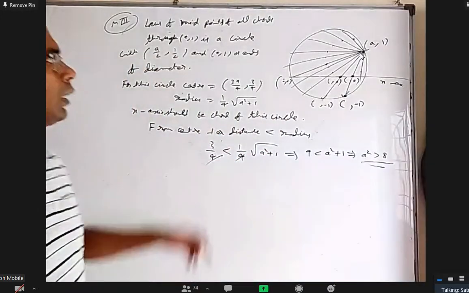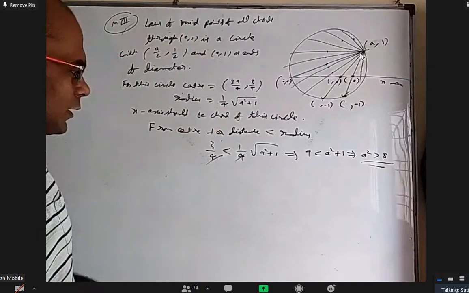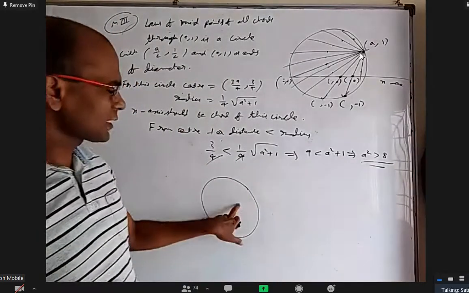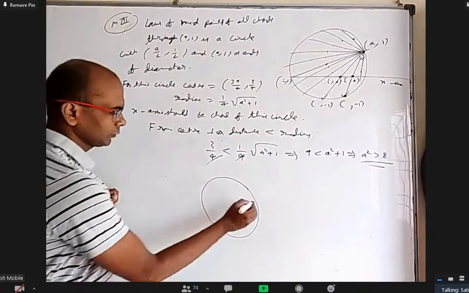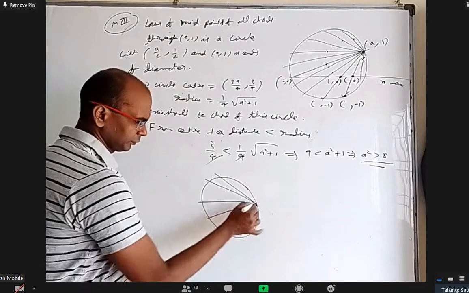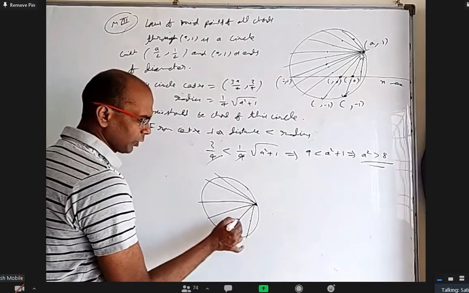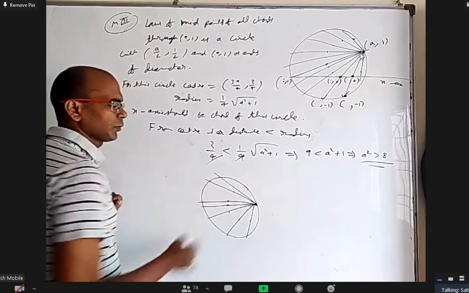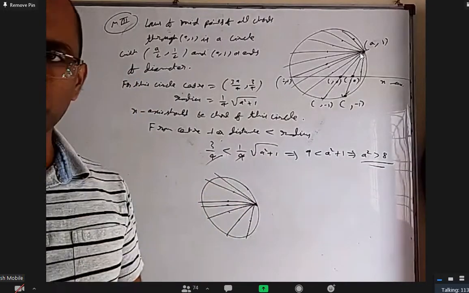Okay. Another time we discussed that if I give you a circle and a point inside or on or outside, it doesn't matter, and you draw many chords through that point, take this midpoint, this midpoint, this midpoint. What is the locus of all these midpoints?